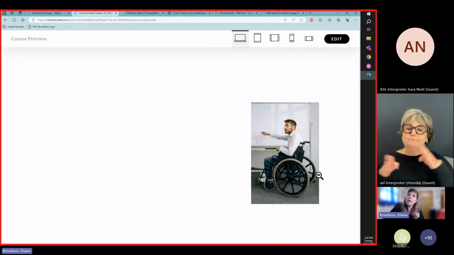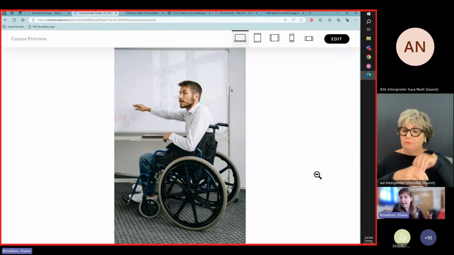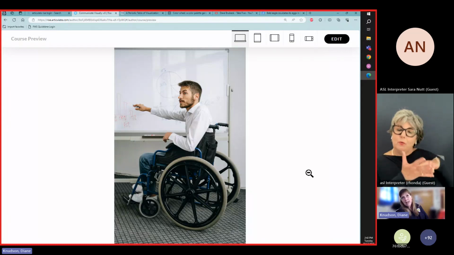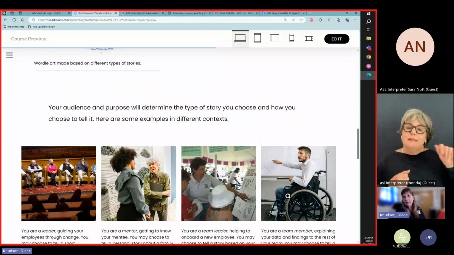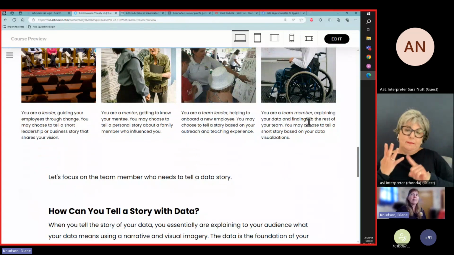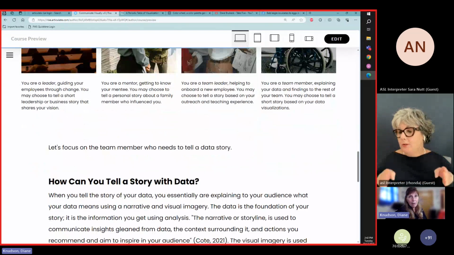And finally, you're a team member and you have data and you're explaining what your data means to your team. And you want to get data visualization to go with it. And that's who we're going to focus on today, a team member who needs to tell a data story.